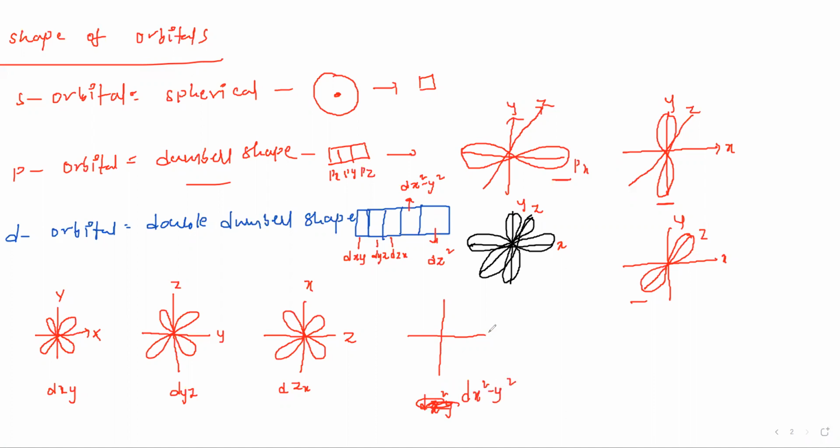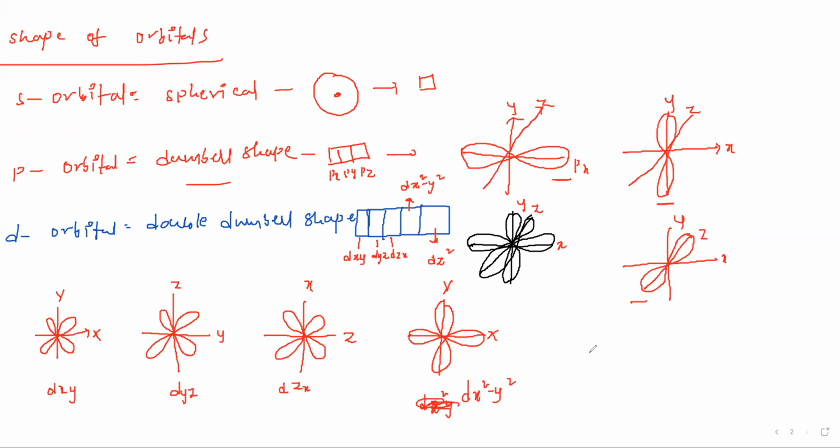So this is x axis and this one is y axis. The orbitals are lying on the axis. These three are between the axis and these two are lying on the axis.